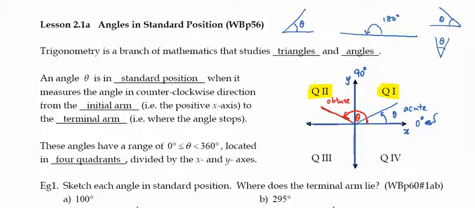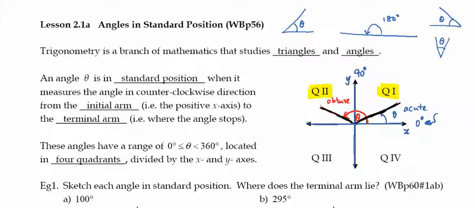It will stop somewhere. And you are going to use a line to mark the end of your angle. Like the angle here will stop at this point in quadrant number 1, or you have an angle here that stops at this point in quadrant number 2. We call this line the terminal arm.